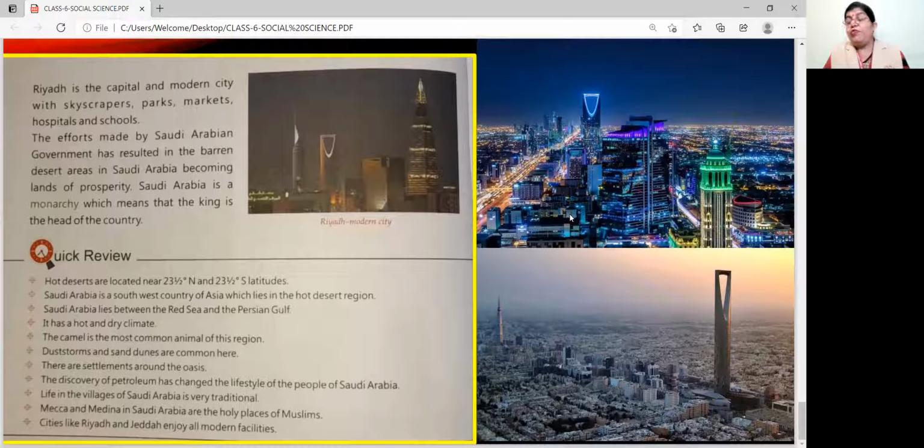Okay, the discovery, what has changed? The discovery of petroleum has changed the lifestyle of the people of Saudi Arabia. Life in the villages of Saudi Arabia is very traditional. Mecca and Medina are the old religious towns and the holy places of the Muslims.